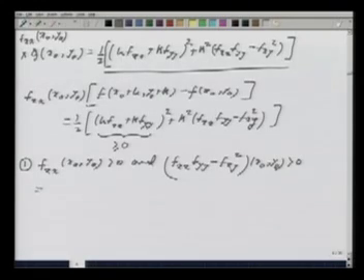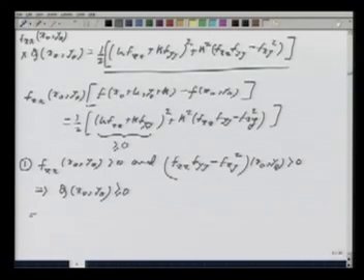So this would then imply that q of x naught y naught is bigger than or equal to 0, because q of x naught y naught gives me just this whole square quantity plus k square times the object. So this whole quantity is bigger than or equal to 0.